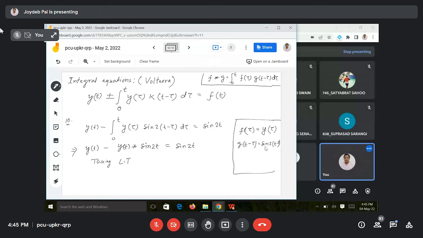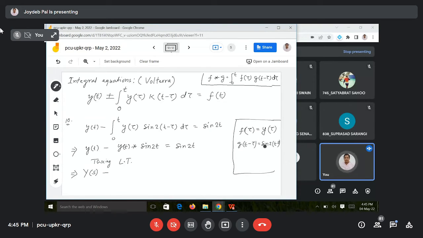So we are using the usual symbol: Laplace transform of y t. What is the notation? Capital Y of s, right? Minus Laplace transform of y t star sin 2t. What is it? By the convolution theorem, what is the Laplace transform of f star g?